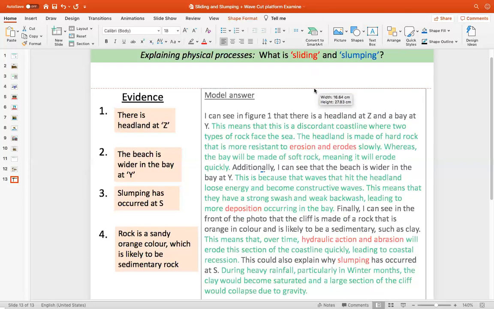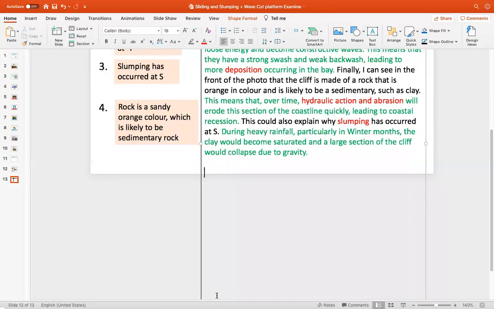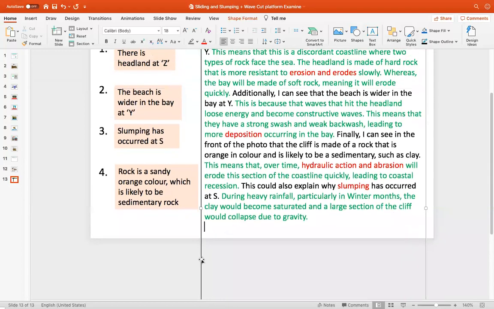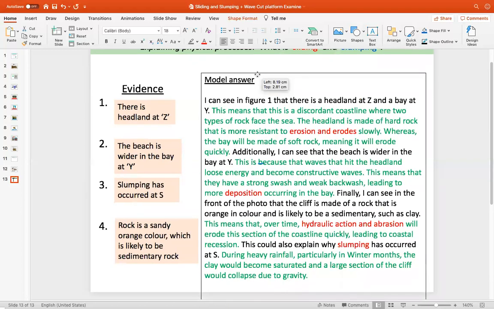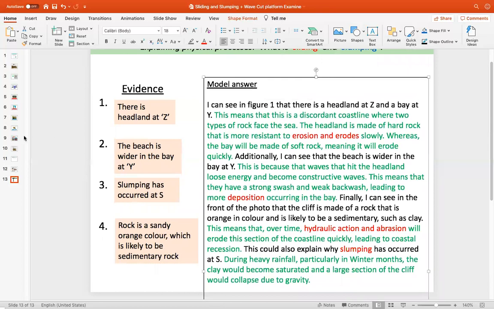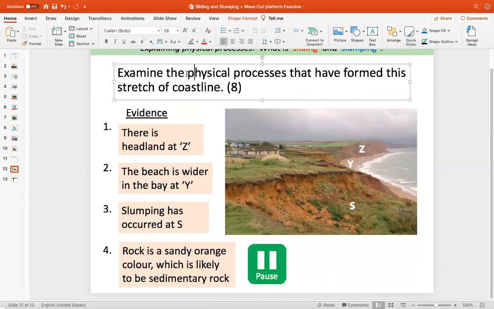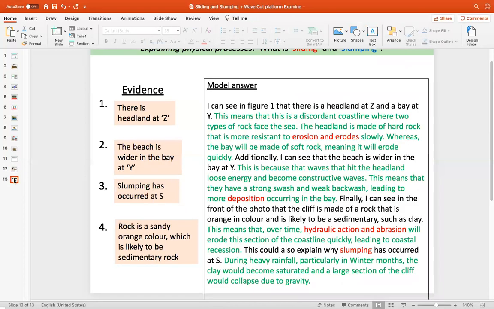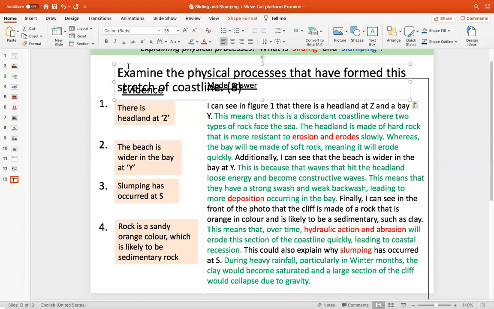I'm just quickly going to move the question onto this slide so that you can pause the video and have a little read. If you had a go at that question by yourself, you could even have a go at it now, having listened to my answer. Might be interesting to see whether you've remembered some of that explanation.